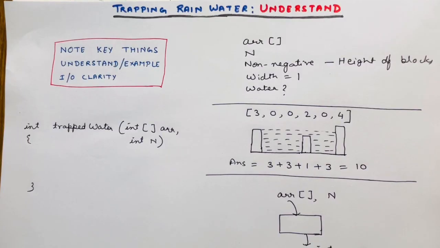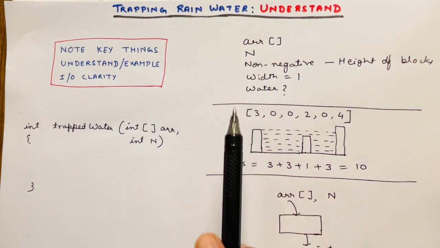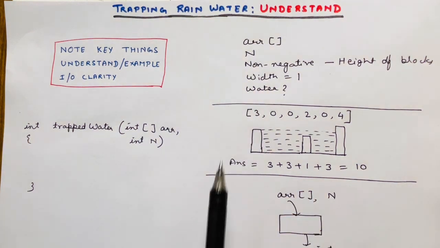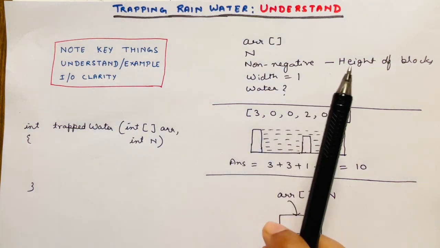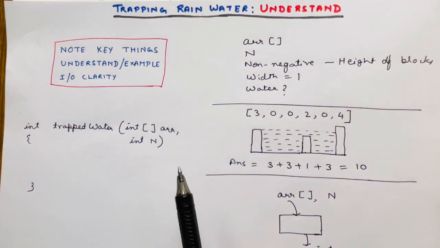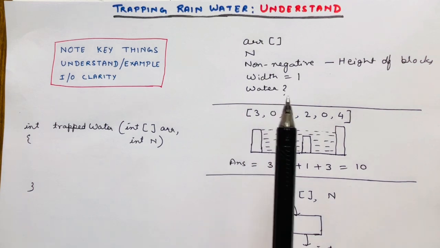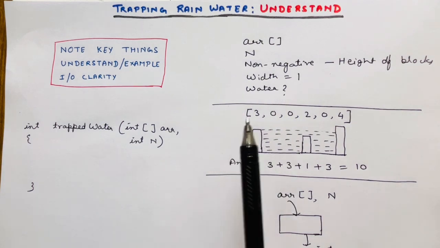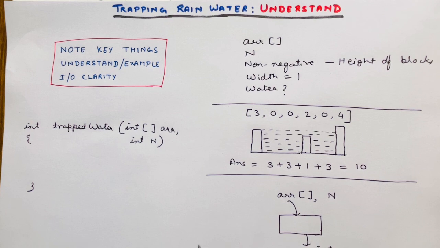Let's start. To begin with, let's first note down the key things given in the question. We are given an array. The size of the array is n. All the elements in the array are non-negative and all the elements represent the height of blocks. Width of each block is 1 and we are asked how much water can be trapped.